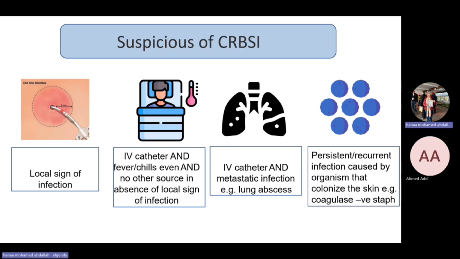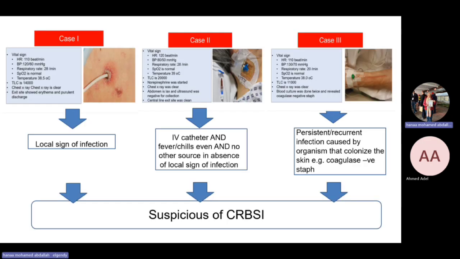Or there is persistent or recurrent infection caused by organisms that colonize the skin, like coagulase negative staph. We repeated the culture and found this organism in every culture sent from the patient. So in case 1, there is a local sign of infection, as we said before. In case 2, there is an IV catheter and fever and no other source.